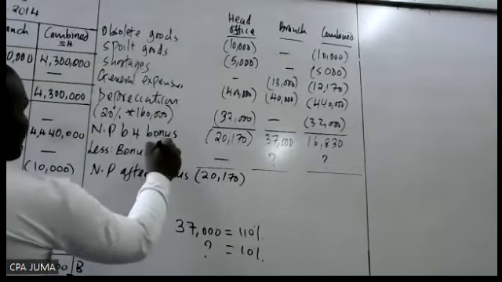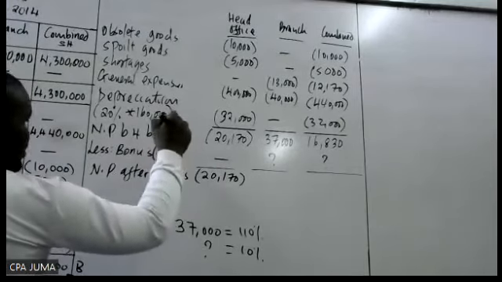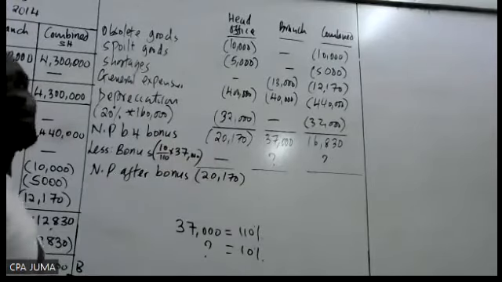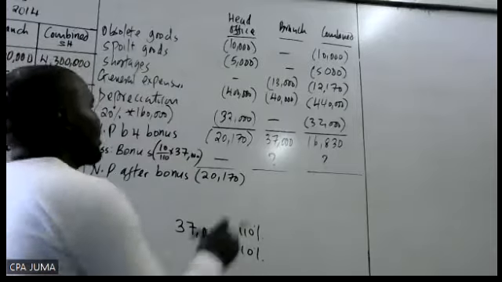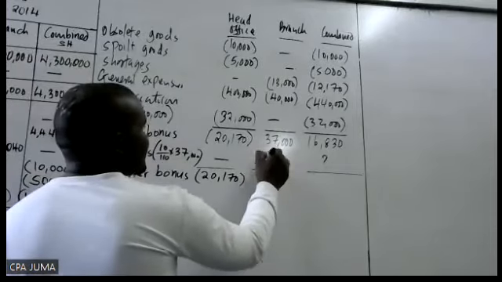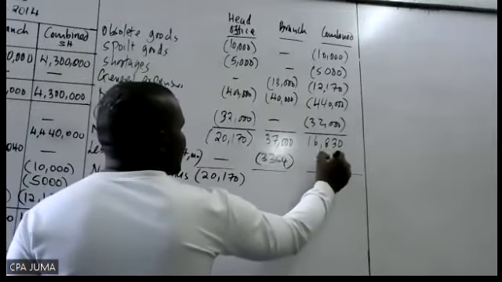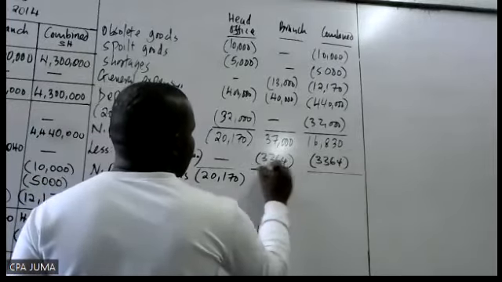So that is how we are going to calculate bonus. So bonus is going to be 10 over 110 times 37. How much do you get if you round off? 3364. You subtract. So this is 3364. You less.